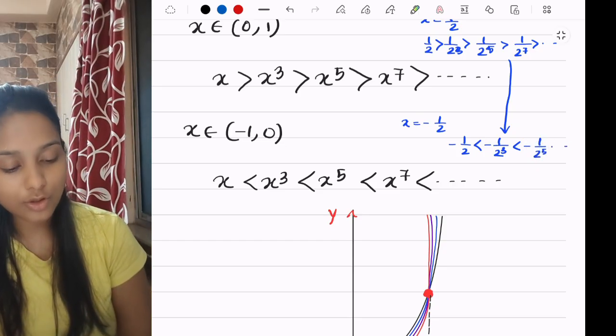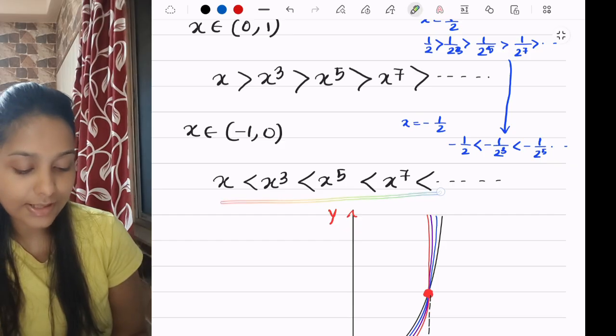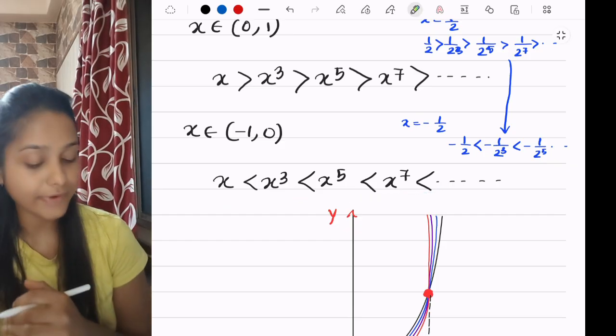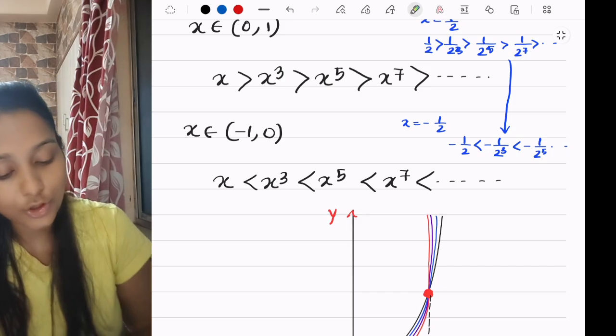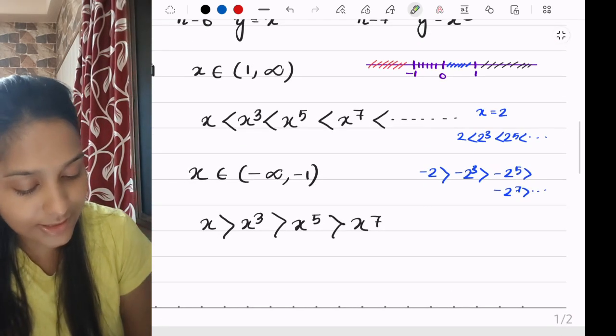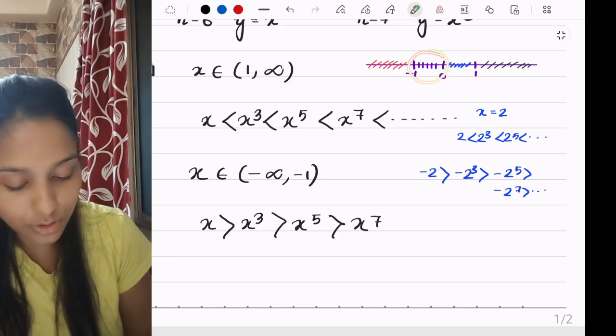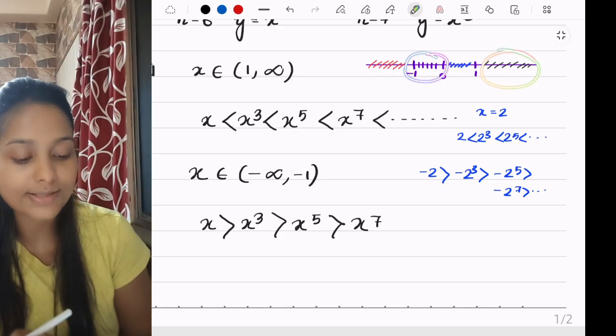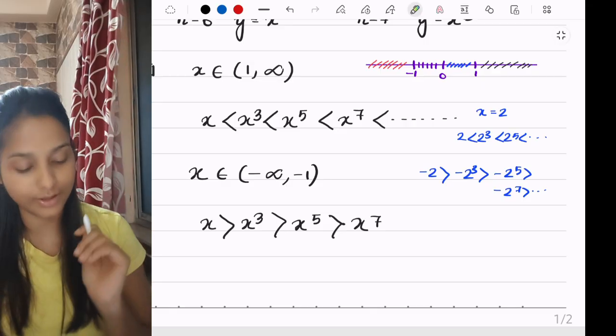So here we get the inequality where x is less than x cube, less than x power 5, less than x power 7. So again, this part, minus 1 to 0, and the part 1 to infinity, these two parts have the same kind of inequality.